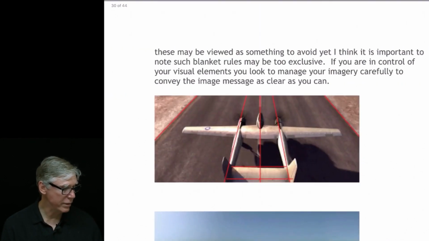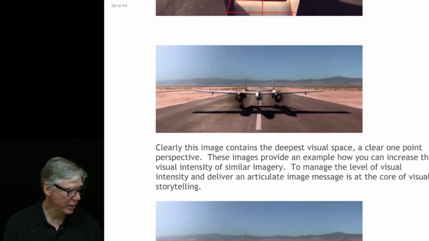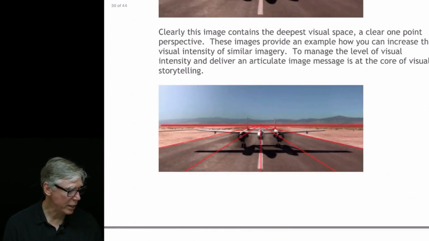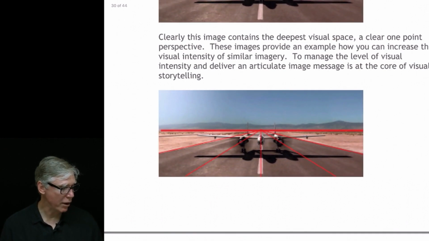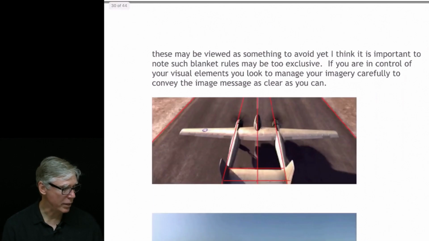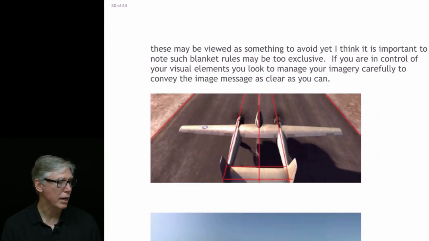Okay, so the fact that it's centered kind of diminishes these converging lines, okay? But we feel a little more space here. And then we get a situation like this, where we get this deeper space, and they all converge into these strong angles this way, okay?